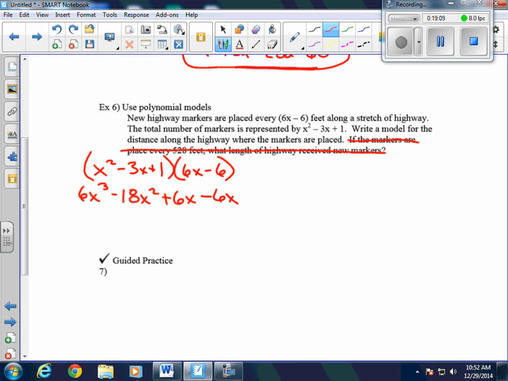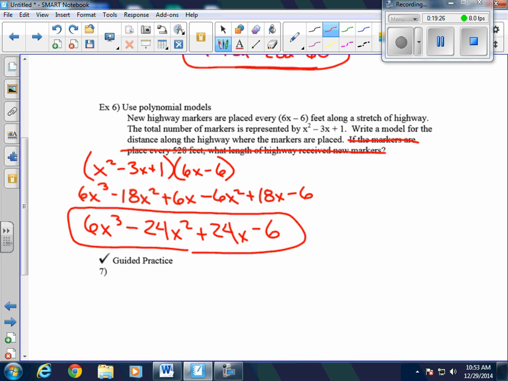So negative 6x squared plus 18x minus 6. And we add our like terms. So we're going to have 6x cubed minus 24x squared plus 24x minus 6. And there is the model for the distance along the highway in which those markers are going to be placed.